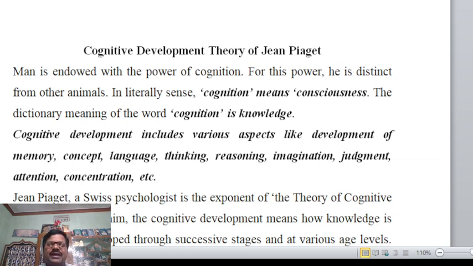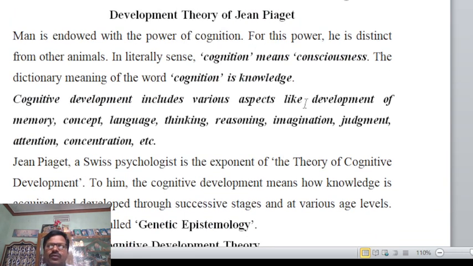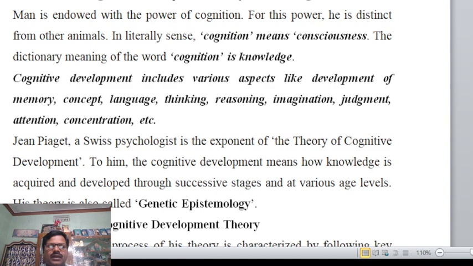So, in simple terms, we can say cognitive development refers to various aspects of development of memory, concept formation, language, thinking, reasoning, imagination, judgment, attention, concentration, etc. It means that cognition is related to the mental ability of an individual.